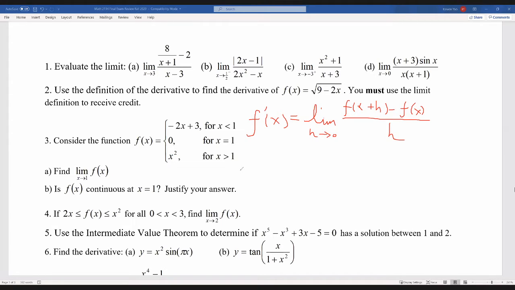Now you can evaluate the limit as h approaches 0 of f(x plus h). What's that?